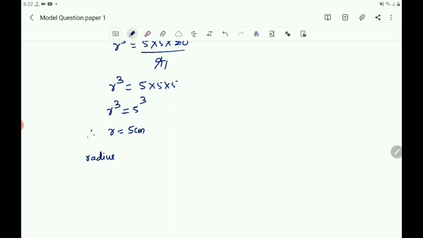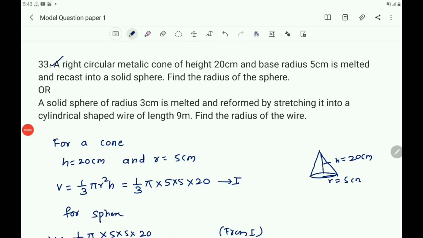Radius of the wire is how much? Radius of the wire is 5 centimeter. While solving this type of question, you must keep in your mind that volume will not change when it is converted from one form to another form.